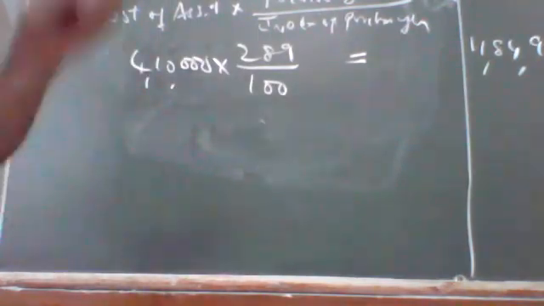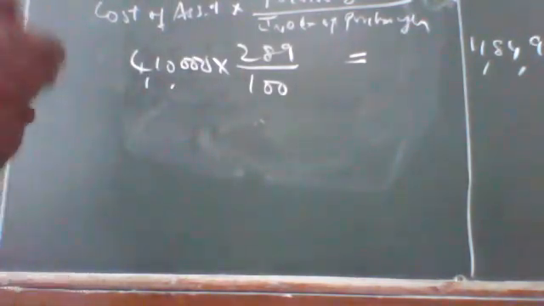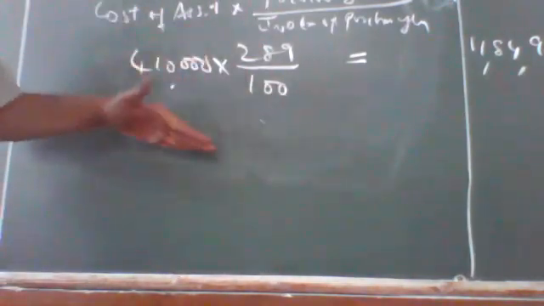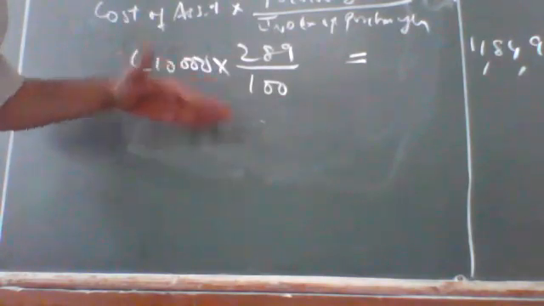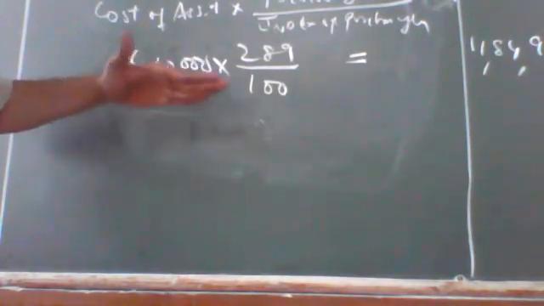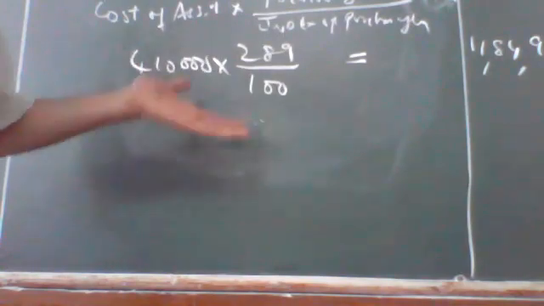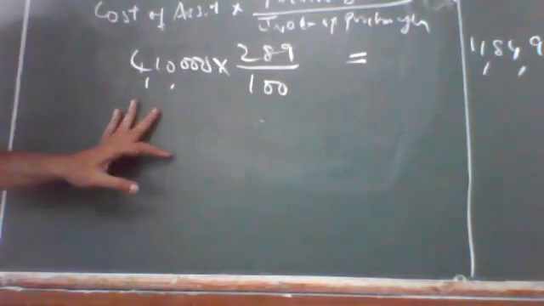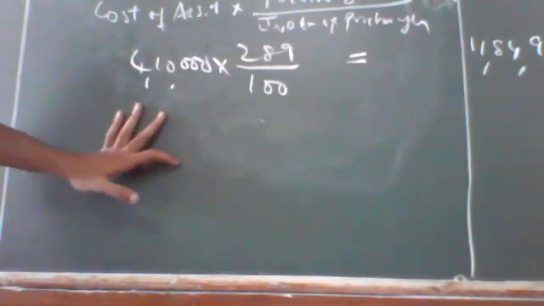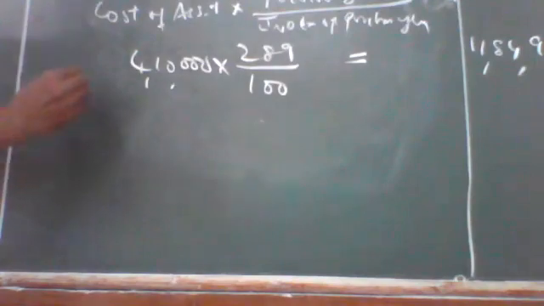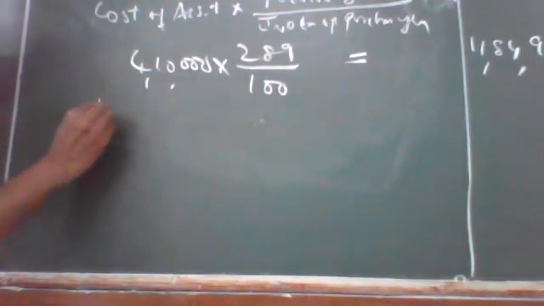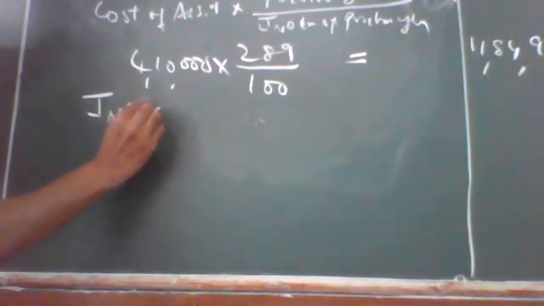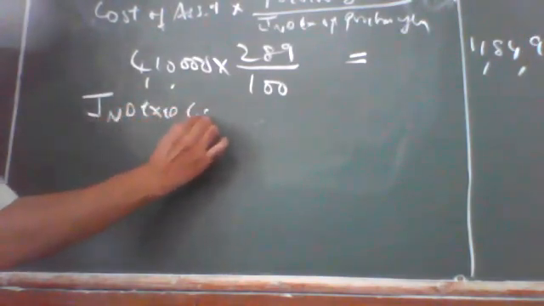Don't ignore them. But any improvement expenses incurred before 2001, skip them. Because they made improvements in 2013-14, you have to find the indexed cost of improvement.